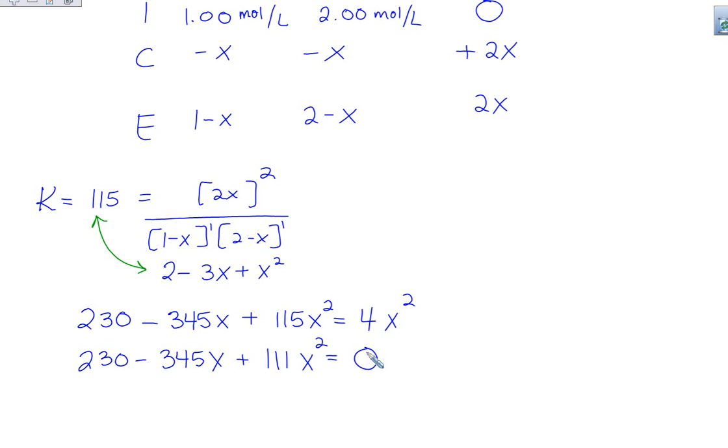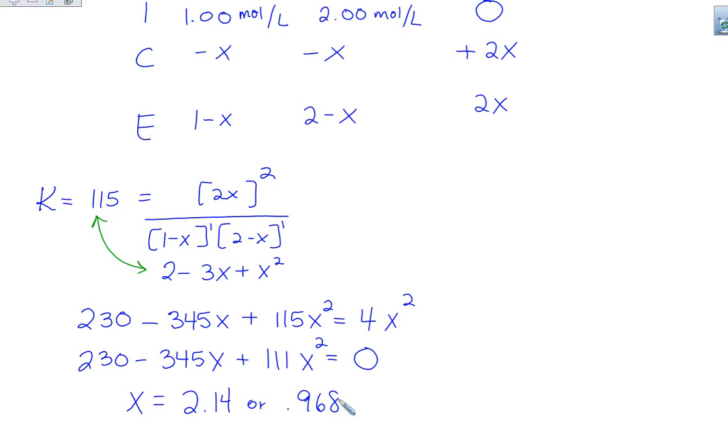So I'm going to plug this in, A, B, C, into my little quadratic solver. And I'm going to get this. x equals 2.14 or 0.968. Well, why do we pick one? Oh, well, can you see which one has to be right? If I look at my initials, I only have 1 mole of hydrogen per liter.